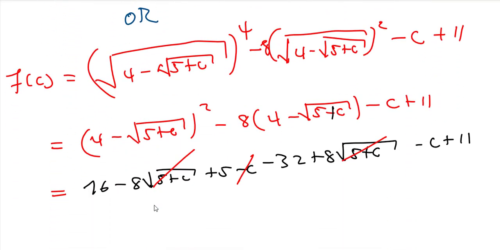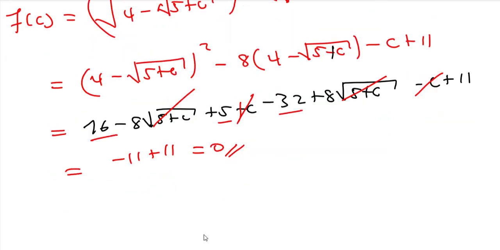Something has been omitted somewhere. 5 plus c, so here is a plus sign, so the plus will cancel with the negative, and here we have 16 minus 32, that's negative 16, plus 5, that's negative 11. So we'll have negative 11 plus 11, which gives 0.